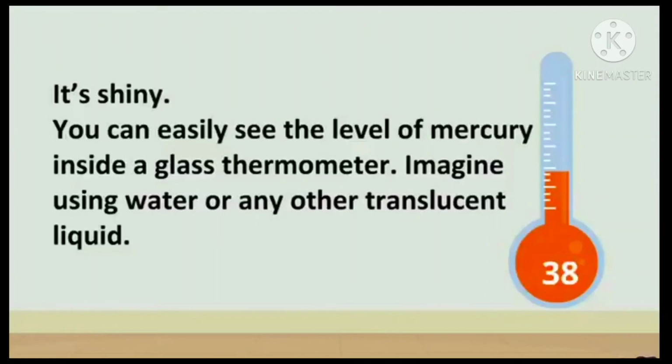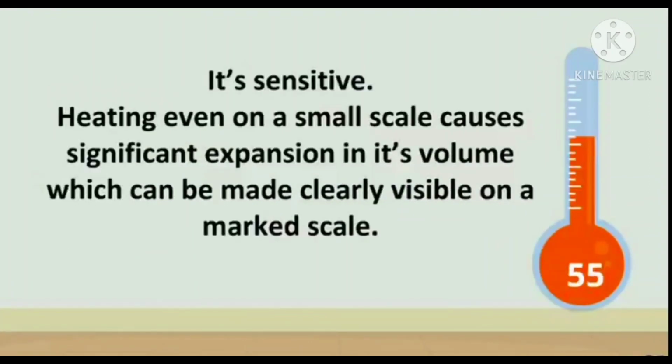Imagine if using water or any other translucent liquid, what will happen? We will not be able to see it or it will not be visible through the transparent glass, and hence mercury becomes very easily visible through the glass of the thermometer.